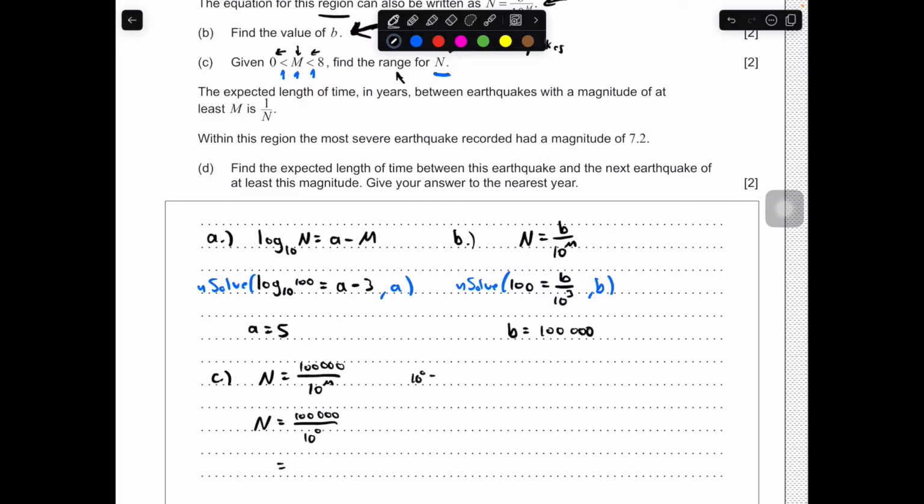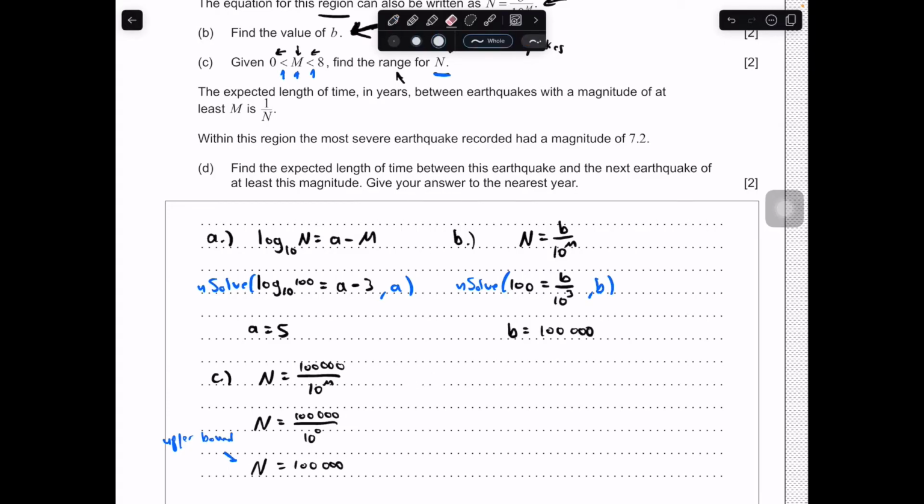Anything to the 0 is just 1, so we have 100,000 over 1. In this case, 100,000 earthquakes, which kind of makes sense. If they're infinitely small, we would expect potentially a lot of earthquakes. And so this would be the upper bound, the highest number.